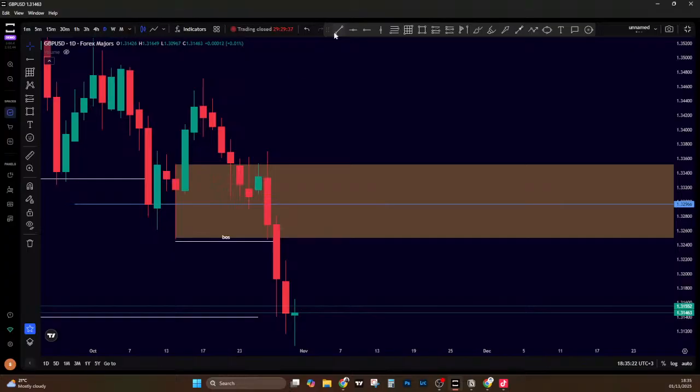Now look at this. This took out this liquidity here, and then we have a major FVG here, and it broke structure.